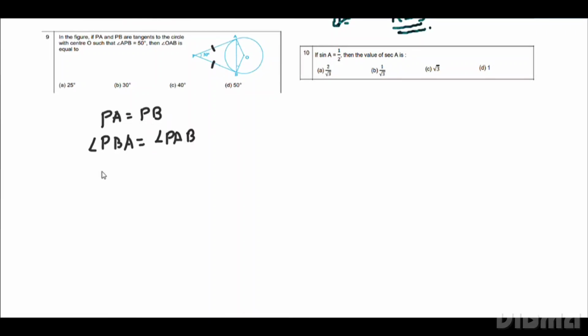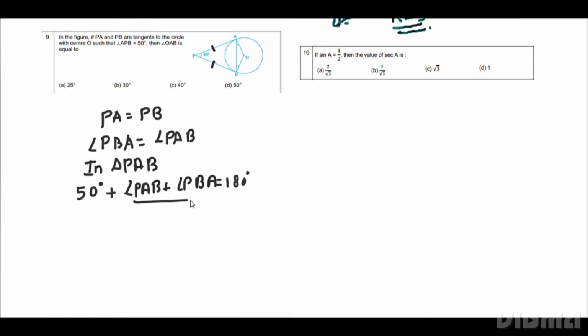Now if I take triangle PAB, what can I write? I know that this angle is 50 degree, plus angle PAB plus angle PBA, is equal to 180 degree. As I know that these two are equal, I can write this as 2 times angle PAB is going to give me 130 degree.